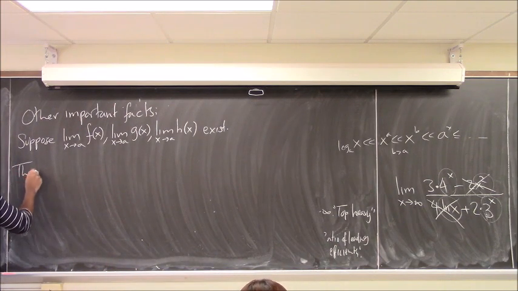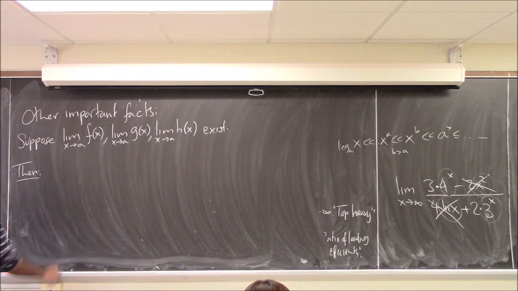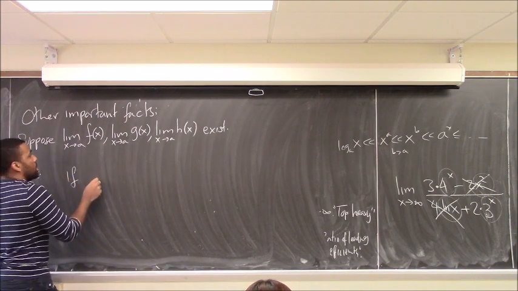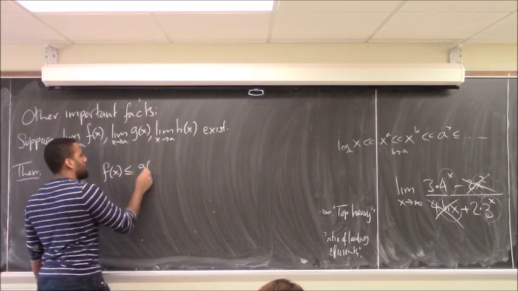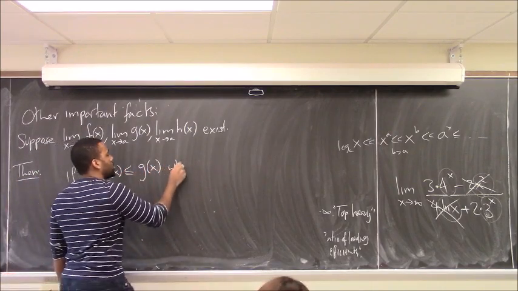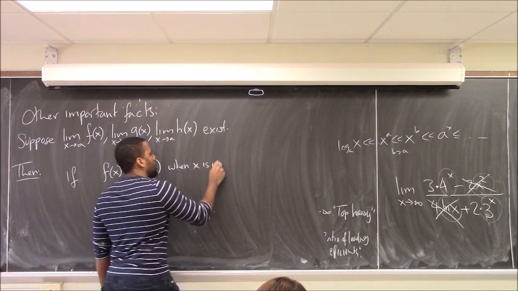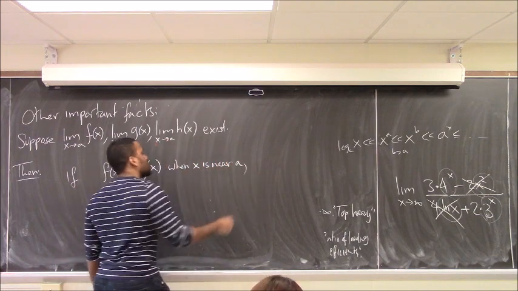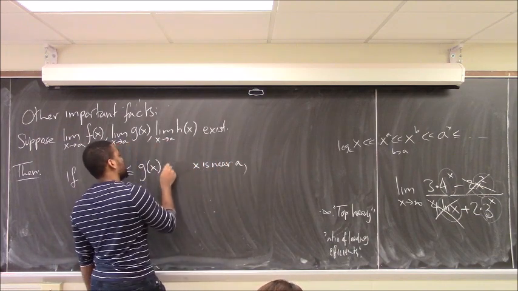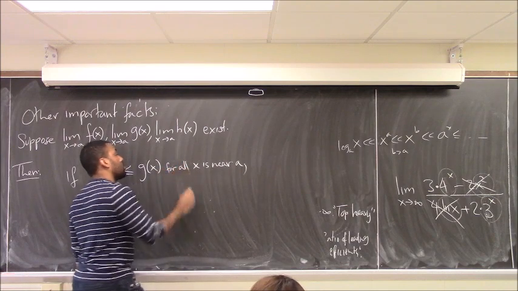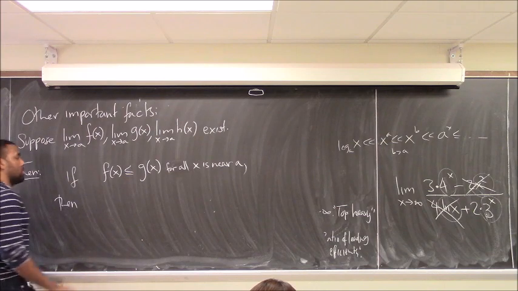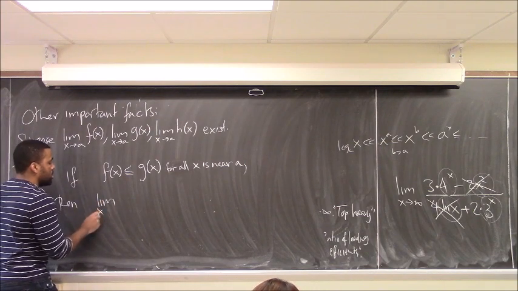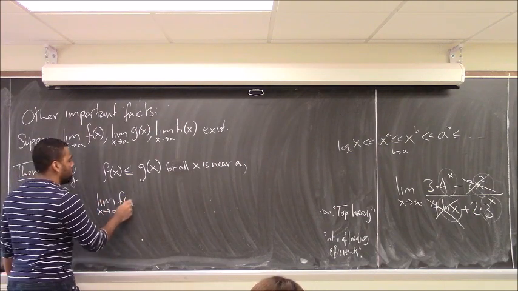Then if you have the case where f of x is always less than or equal to g of x when x is near a, or for all x near a, then the limits will share the same relationship.